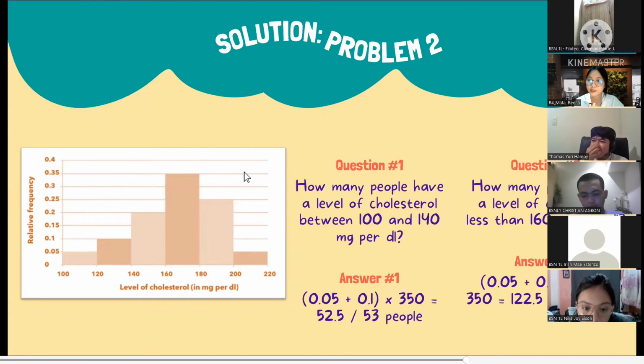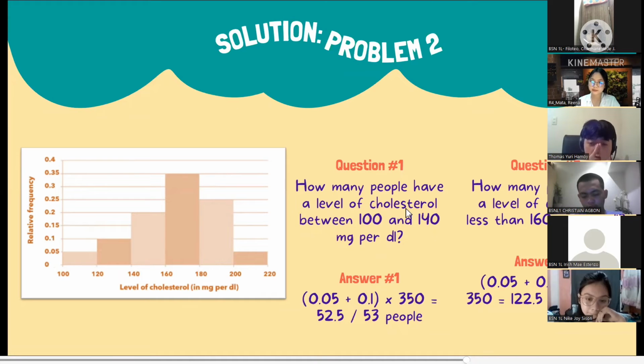For problem number 2, we have question number 1. Question number 1 asks how many people have a level of cholesterol between 100 and 140 milligrams per deciliter. For the 100 we have 0.05. For the 140 we have 0.1.